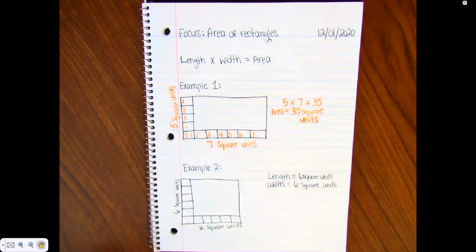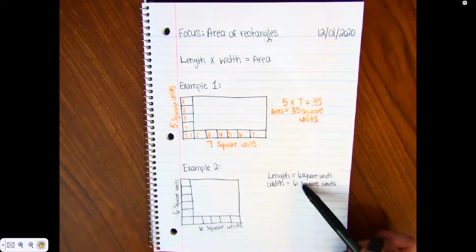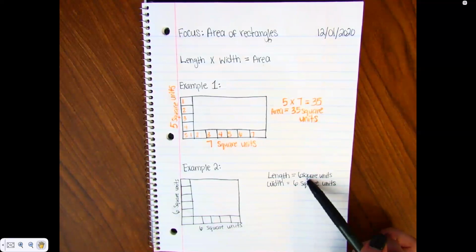So now what do I need to do with that 6 and 6 to figure out how much space the lettuce section takes up? Brayden, what should I do with this 6 and 6 to figure out the area of the lettuce section? Multiply them.